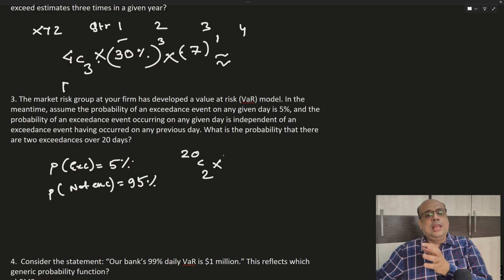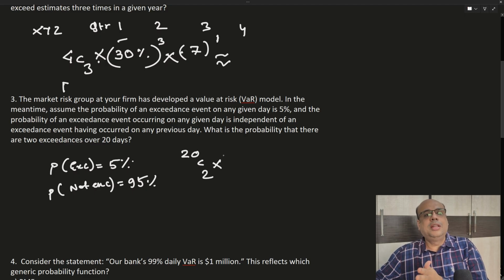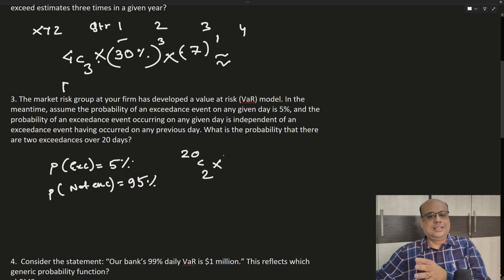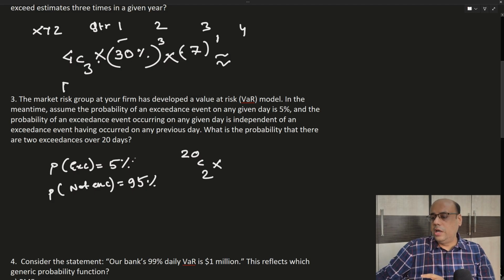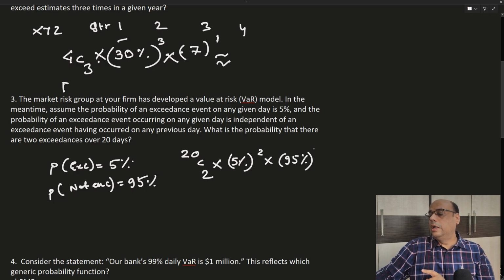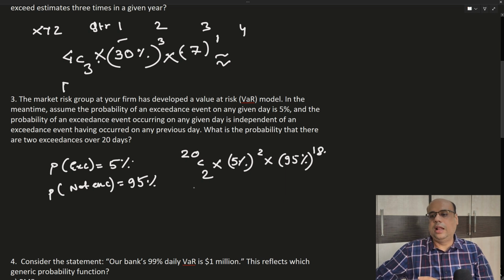Exceeding, in the true meaning of the term, is actually harmful for the organization, so it can't be a success, so to speak. But for the purpose of using the formula, that is the success. So 20C2 into 5% to the power 2 into 95% to the power 18. This is the answer. If you solve it, you will get the final answer.